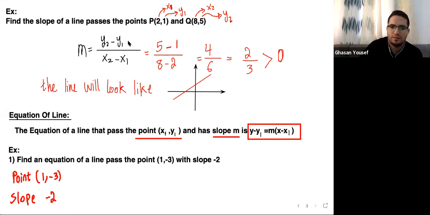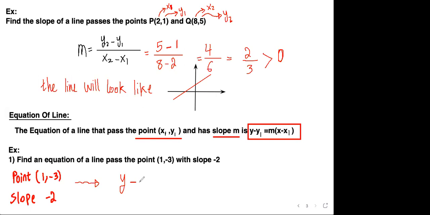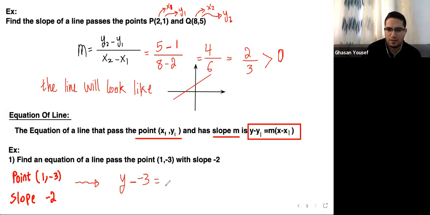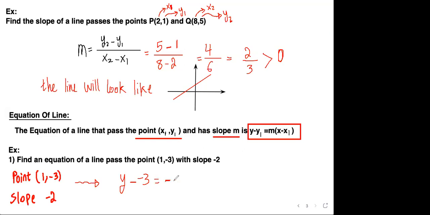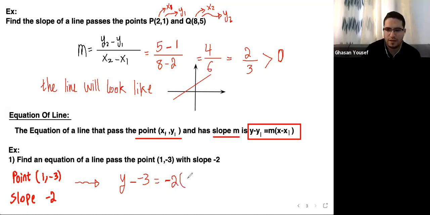Y minus y1. So y minus, what is my y1? Minus 3. So y minus minus 3 equals the slope, minus 2, times x minus 1.